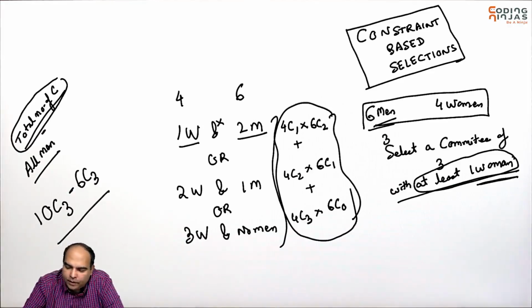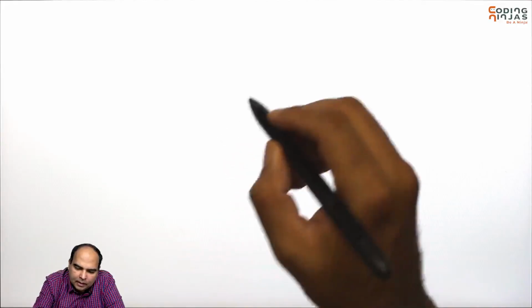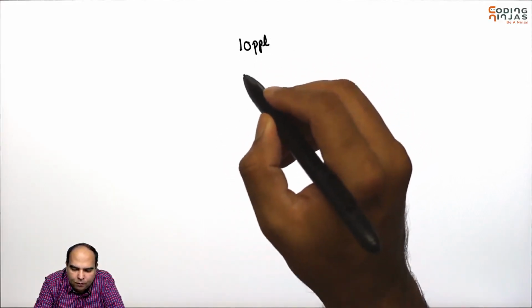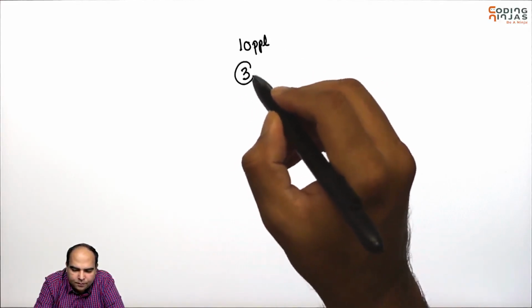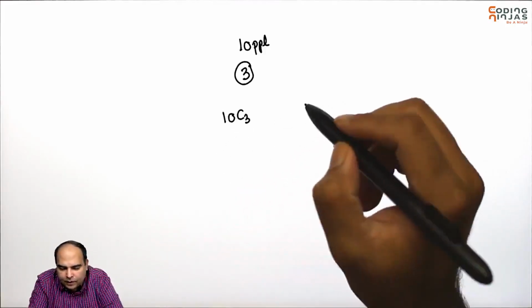An interesting note here is that from 10 people, if I want to draw a committee of 3, the number of committees is 10C3. That's fine.